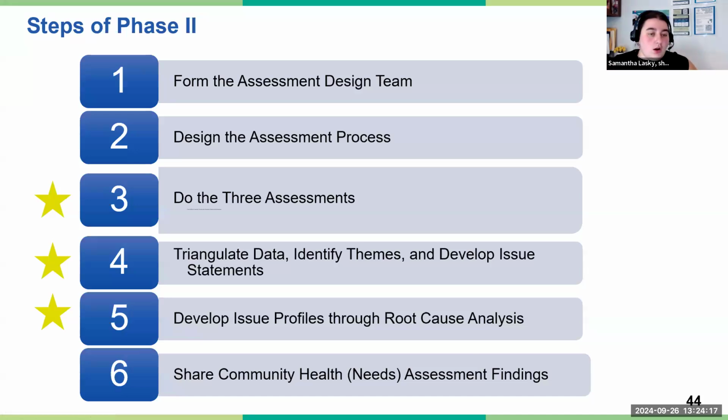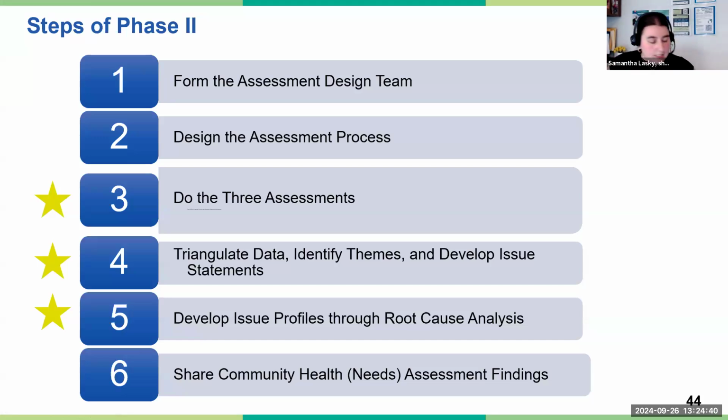Here are the overarching steps of phase two. As Lori noted, where you see stars is where there's alignment with IPLAN. The first step is to form the assessment design team. These will be essentially advisory committee folks who will help you manage and go through the assessment phases.